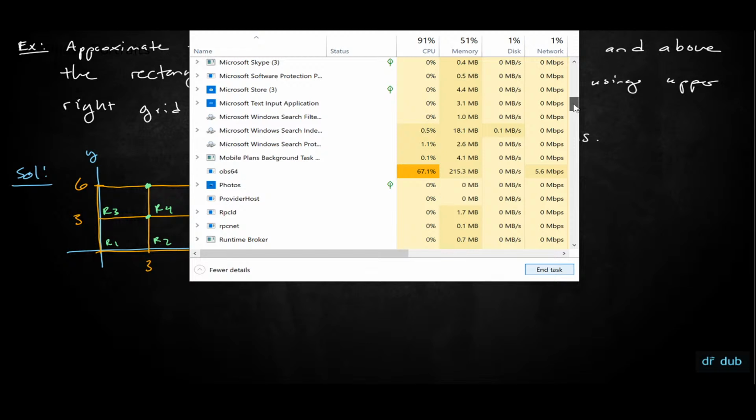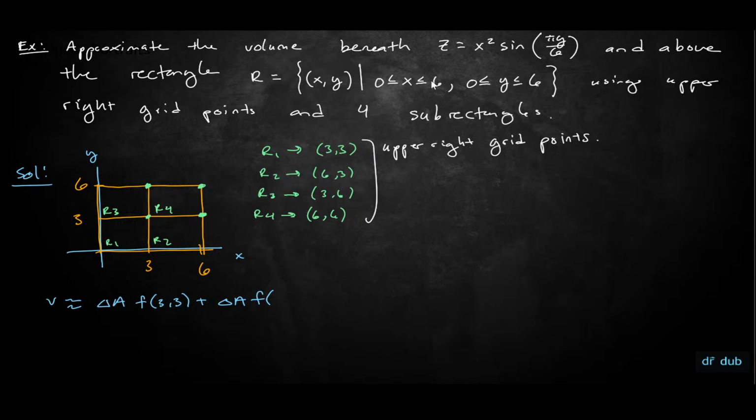All right, so we got our upper right grid points, and now the volume is going to be approximately delta A times f of 3, 3 plus delta A times f of 6, 3 plus delta A times f of 3, 6 plus delta A times f of 6, 6.